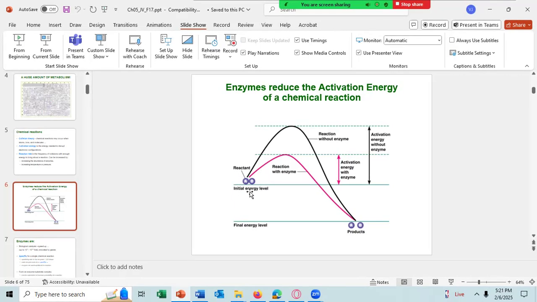But you can add 1,000 degrees by taking a blowtorch to the glucose, and you'll very quickly convert it into all CO2 and water. And that is the activation energy without the enzyme, which is around 1,000 degrees, either Fahrenheit or Celsius. I don't remember. It's very hot, whatever it is.